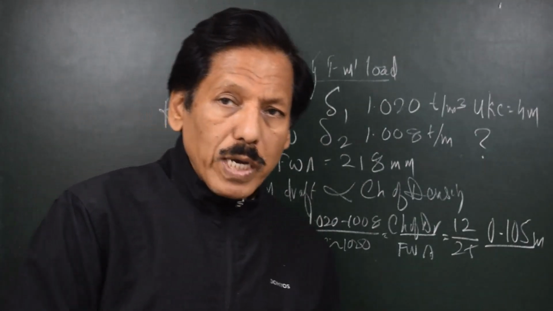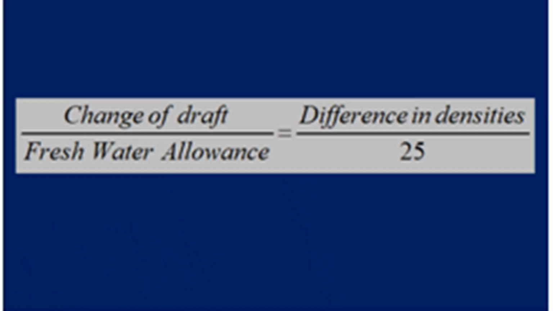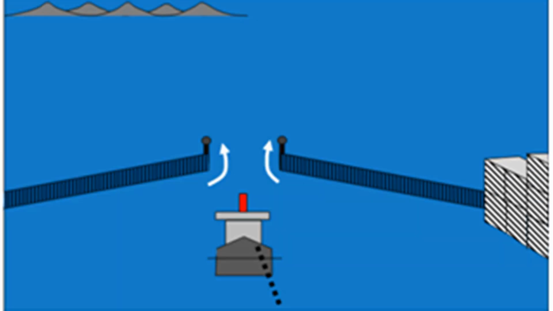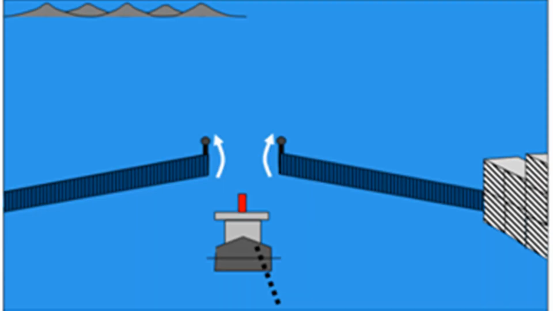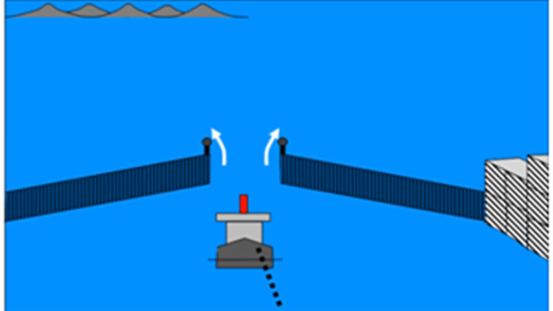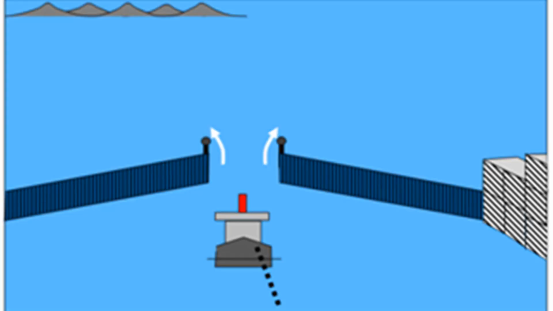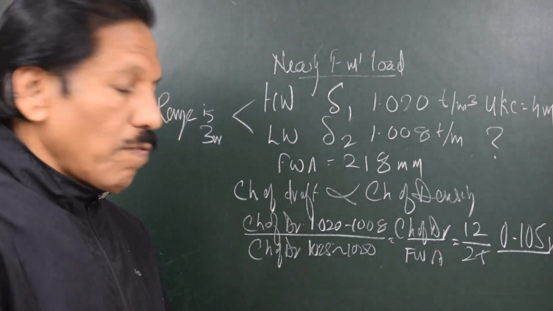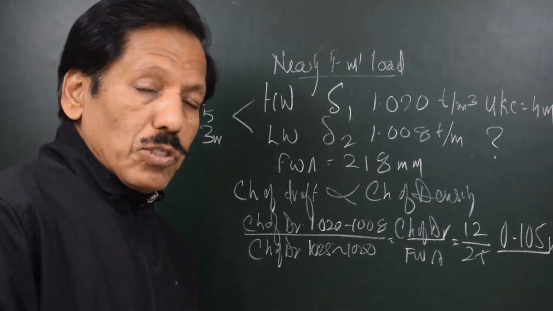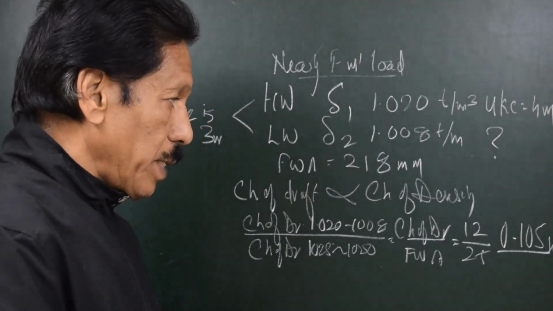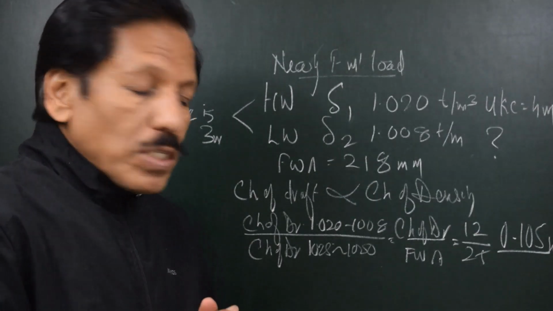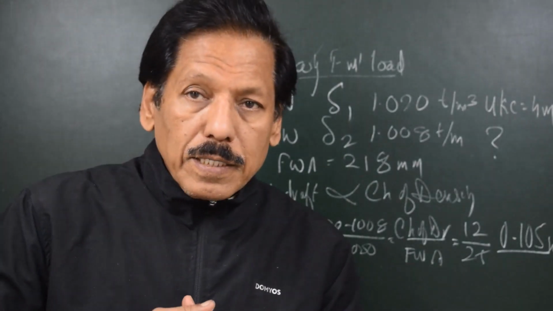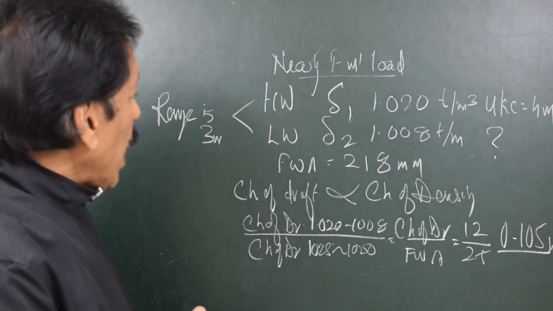Actually, the ship is not going anywhere. Now, this problem can be understood in two parts. Part 1, where the density changes from 1.020 to 1.008. In this part, the vessel sinks by 0.105 meters. That means under keel clearance should reduce by 0.105 meters. The second part is where the tide is changing from high water to low water.